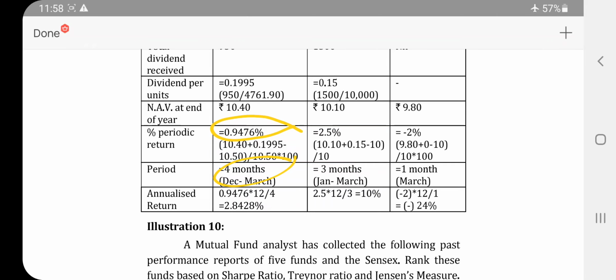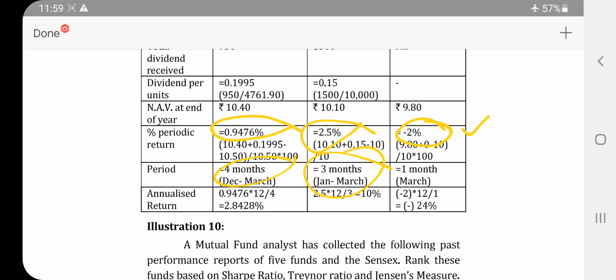In the same way for 3 months, the total periodic return is 2.5%, multiplied by 12 divided by the number of months, 3. So you will get 10%. In the same way, the annualized return for mutual fund scheme C: the percentage periodic return is minus 2, multiplied by 12 divided by 1, you will get minus 24% annualized return.